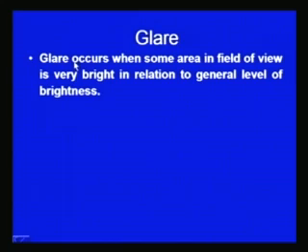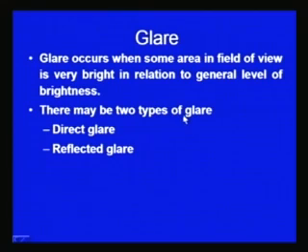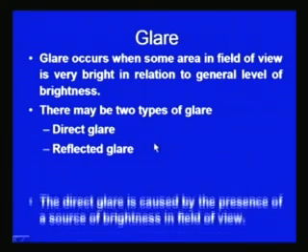Glare is another aspect related to the quality of the visual environment, and it is found to occur when some area in the field of view is very bright in relation to the general level of brightness. Localized brightness causes glare in the field of view. There may be 2 types of glare, direct glare or reflected glare.